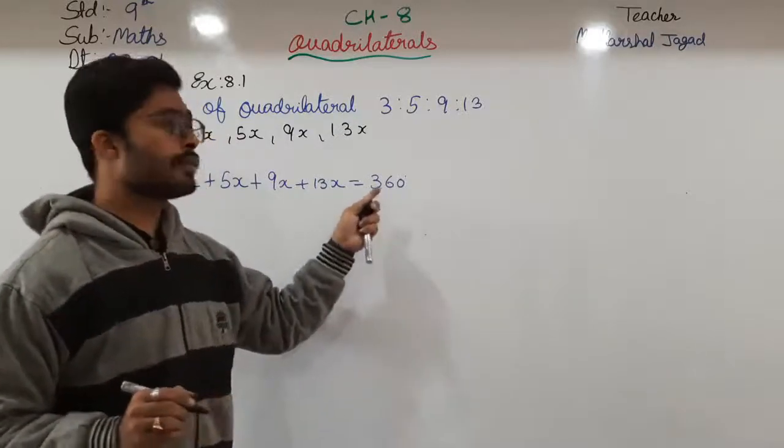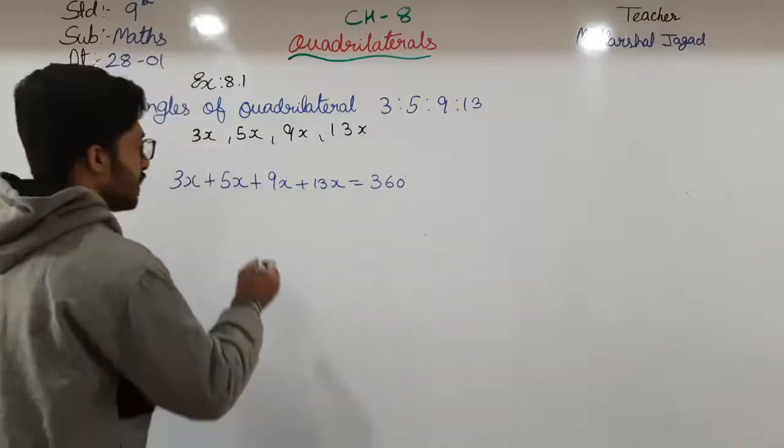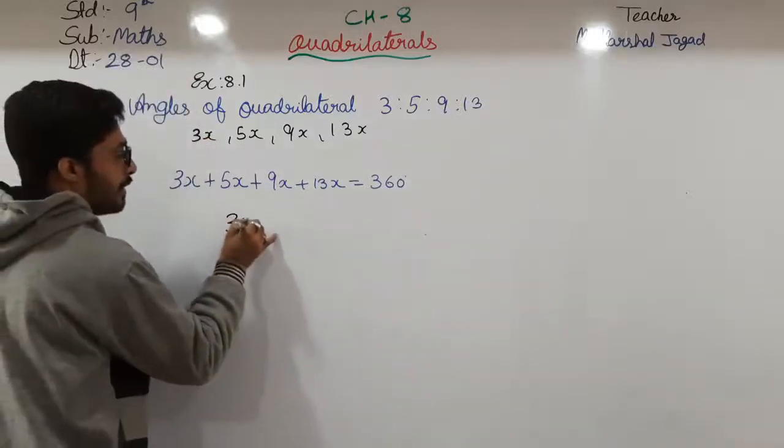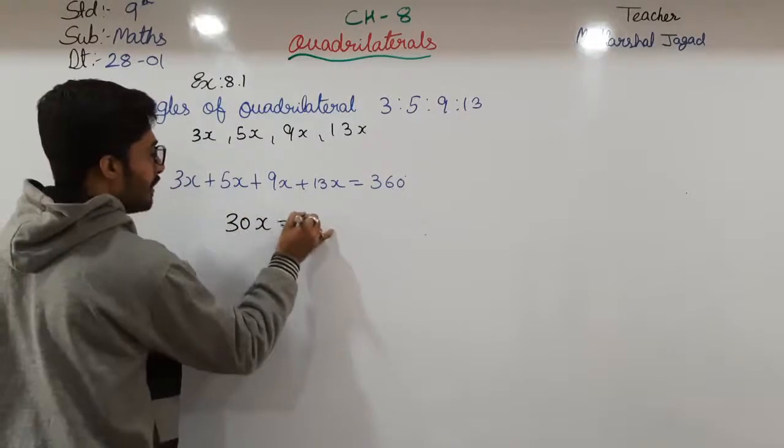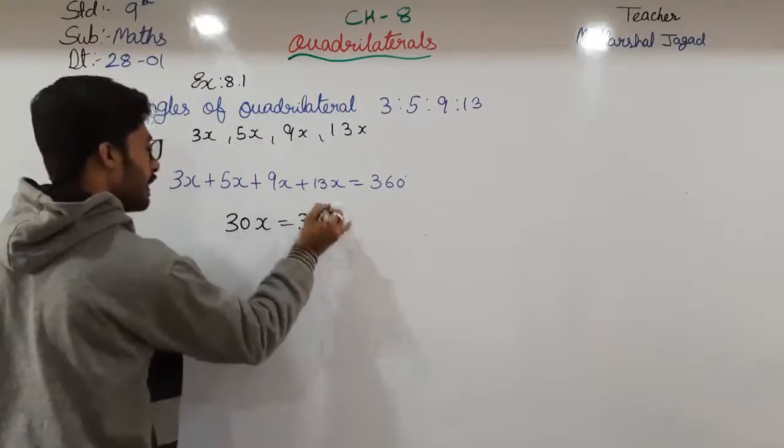So I can write 30x is equal to 360 degrees.